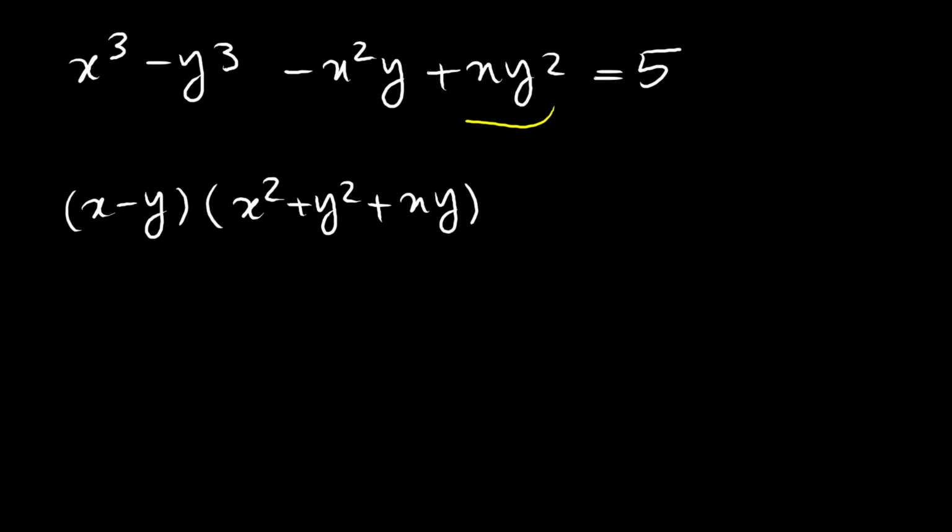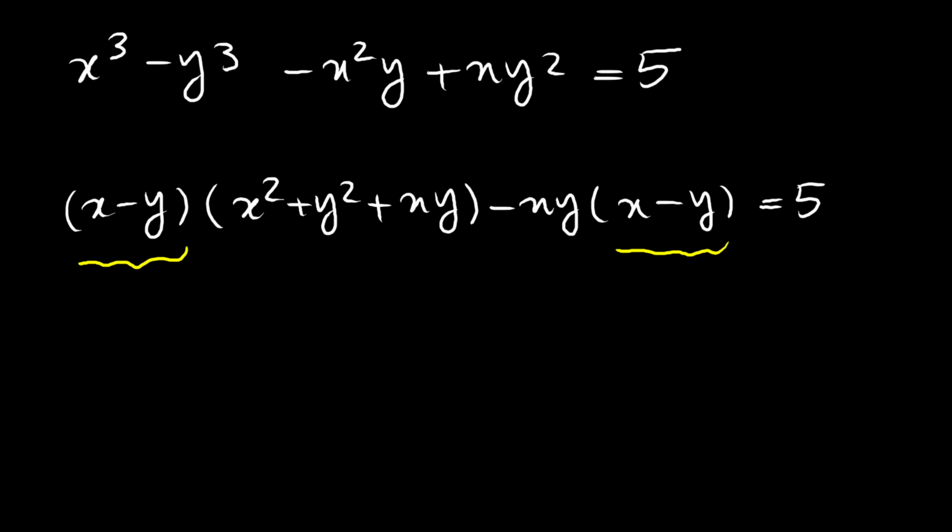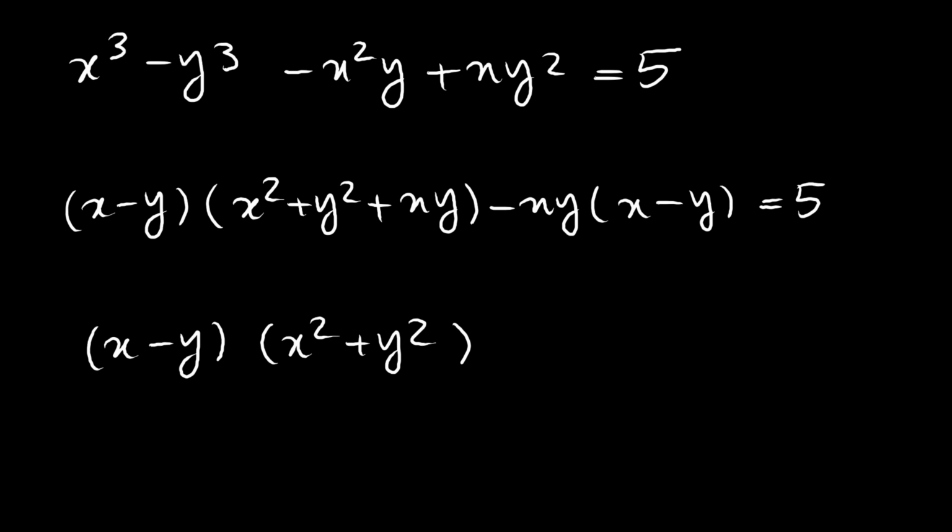And then I'm going to pull out a negative xy out of these two. So I'm going to get negative xy times x minus y. And then, since we have x minus y as the common factor, we can pull it out. And if we do so, we're going to have x minus y times x squared plus y squared equals 5.